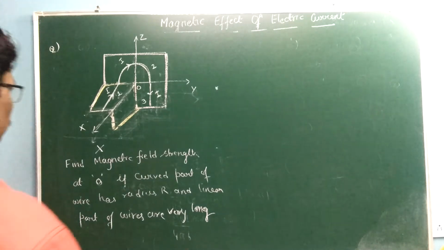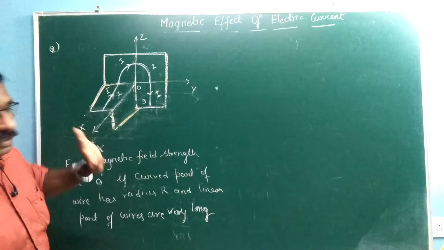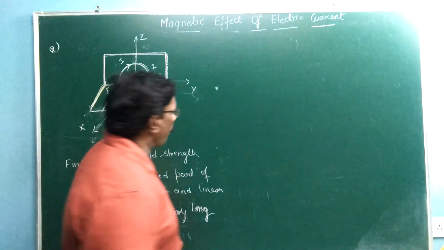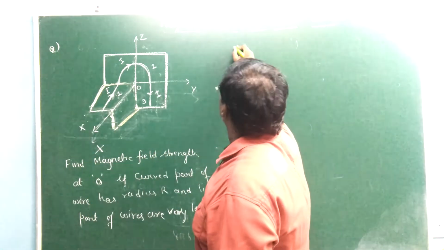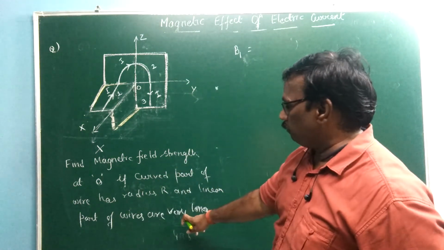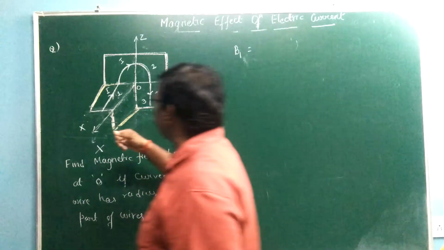So coming to the next question of the same type. This is x and this is y and z. Totally how many conductors are there? Like the previous one, this also has 3 conductors. Coming to the first one. So B1, this is a straight wire, very long, but this point is at one end.